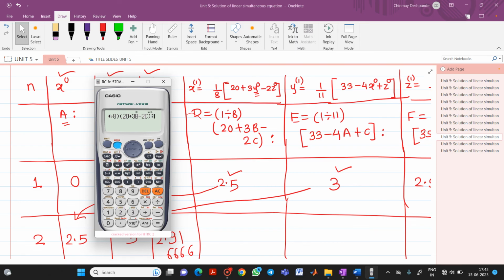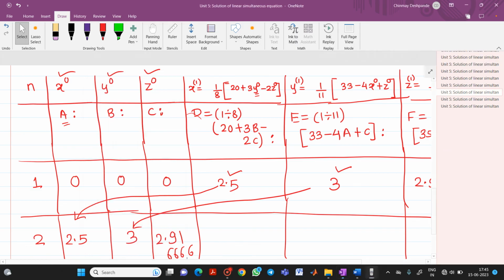After that we have to write it for E, so E will be equal to, what was that equation? 1 divided by 11 into bracket 33 minus 4A plus C, and again I need to take this.